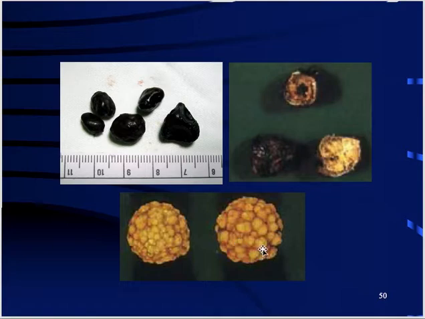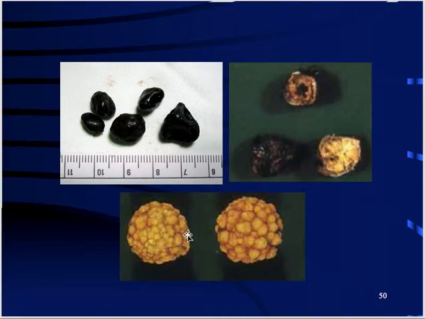For example, the majority of the ductal stones, or common bile duct stones, in Western countries, or you can say in the developed world, are formed within the gallbladder and then migrate to the common bile duct.